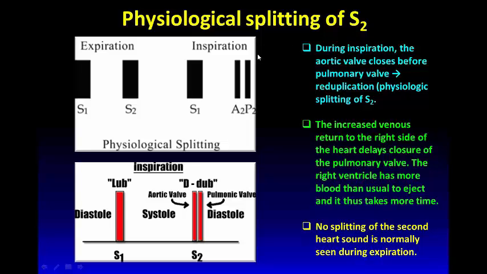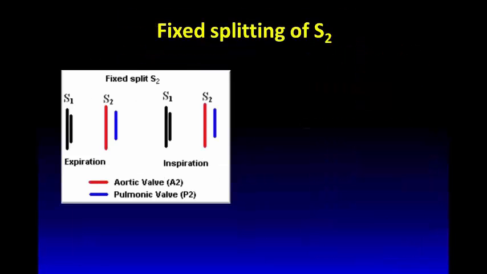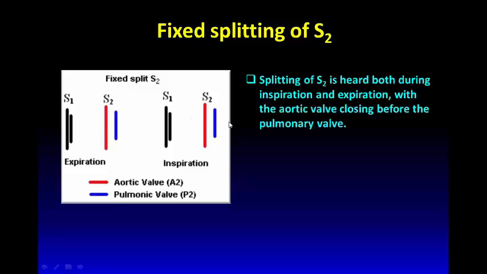We might have abnormal splitting of the second heart sound in the form of fixed splitting of the second heart sound, where the second heart sound is split both during expiration as well as during inspiration, with the aortic valve closing before the pulmonary valve.